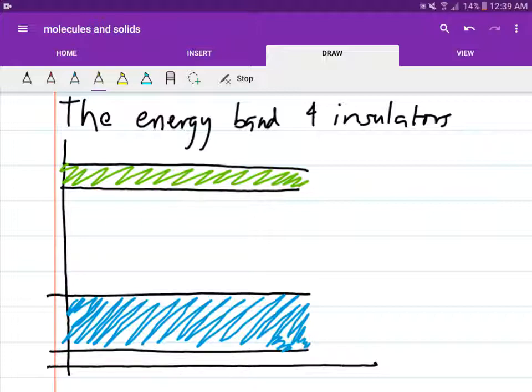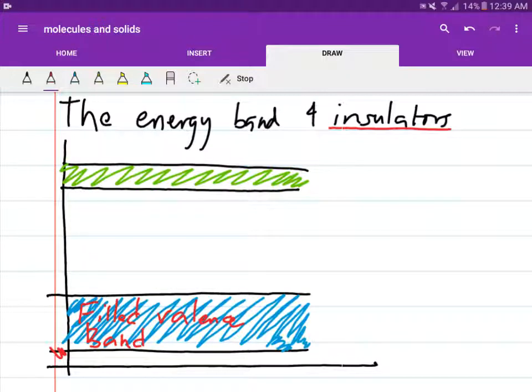So this is where all the valence electrons of the molecules inside insulators are situated. So this is called the filled valence band.